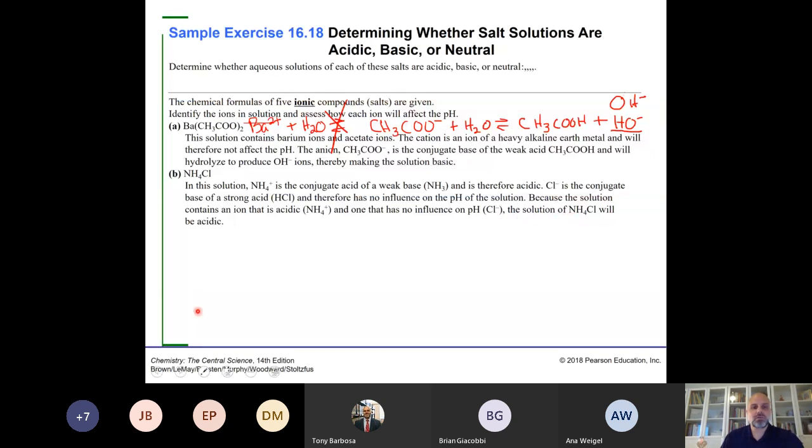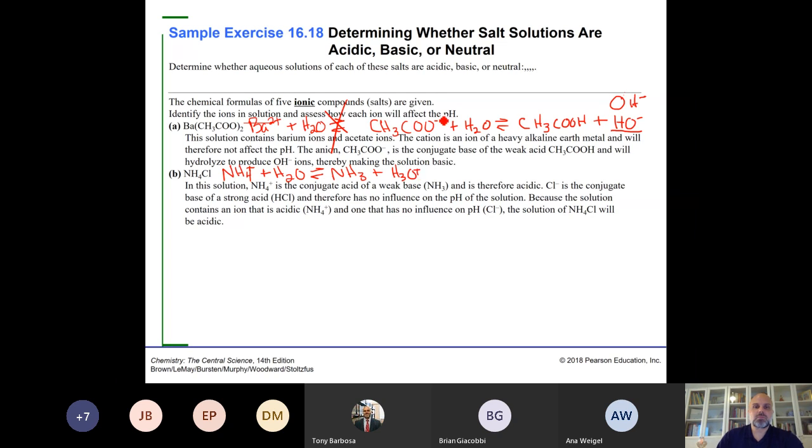Right, so let's go through and draw out those reactions. We have our ammonium ion, and the ammonium ion is going to react with water, in equilibrium, to give us ammonia plus the hydronium ion.